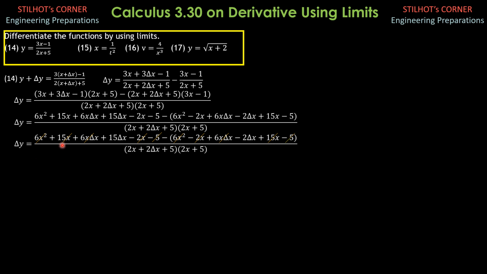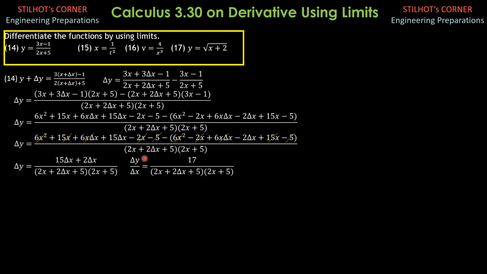So delta y equals, in the numerator we have 15 delta x, then plus 2 delta x, all over the same denominator. So divide everything by delta x and take note that these are like terms. So 17 in the numerator, then over the denominator.